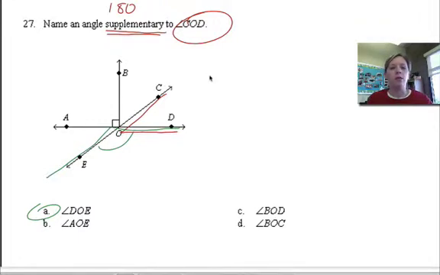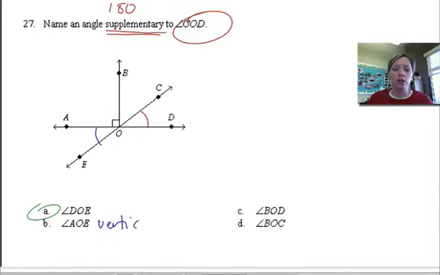Let's talk about why some of these aren't the correct answer, because a lot of people miss this one. So COD was here. AOE is here. Those are not supplementary, they're vertical, they would be congruent. If you're looking at angle BOD, BOD overlaps COD, so they can't be supplementary.